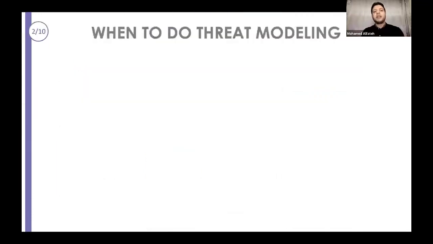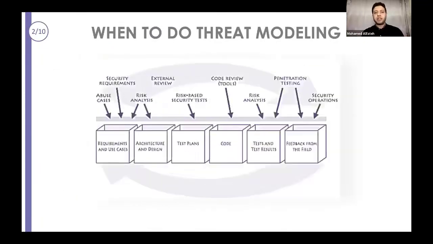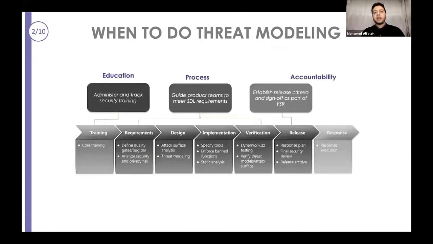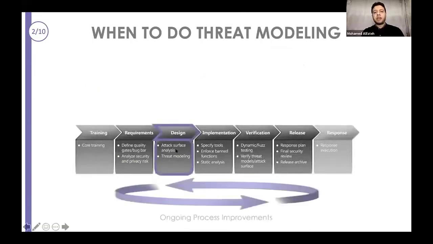Great. Next tip is related to when to do application threat modeling. A number of frameworks talk about application threat modeling as part of the design or architecture phase. This could be Digital Touchpoint, Microsoft SDL. So they are mainly talking about during the design and architecture phase, you do application threat modeling, identify all possible or potential threats.